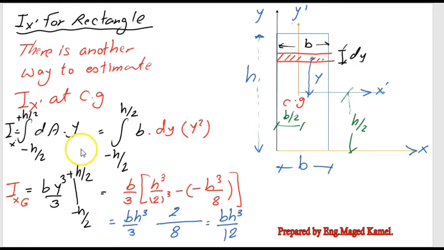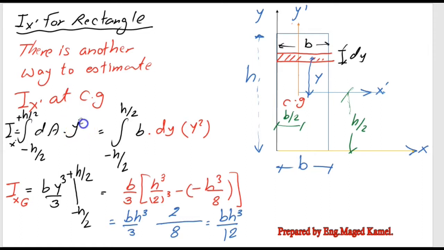And we are going to say that the Ix dash, or Ix at g, equals the integration, but this time our y will move from minus h over 2 to plus h over 2 of dA multiplied by y squared.